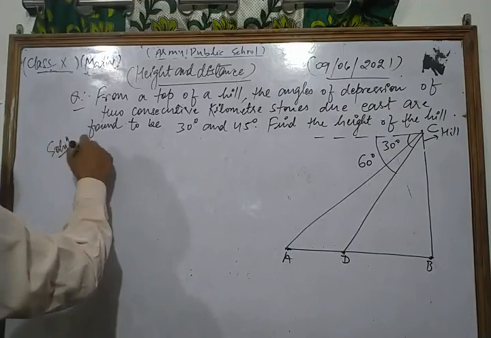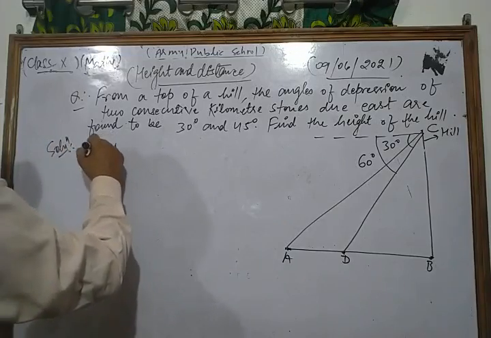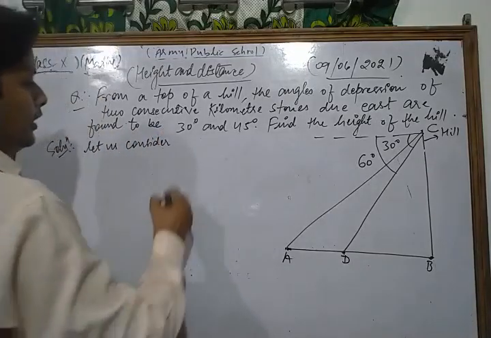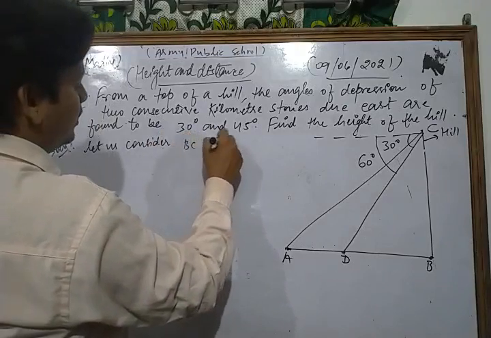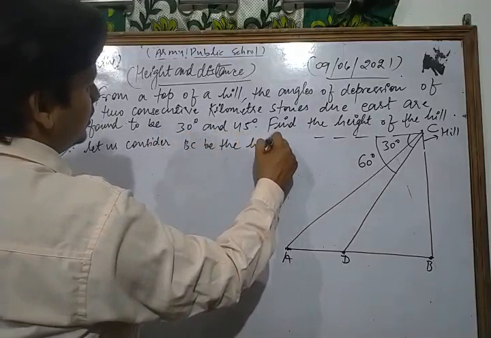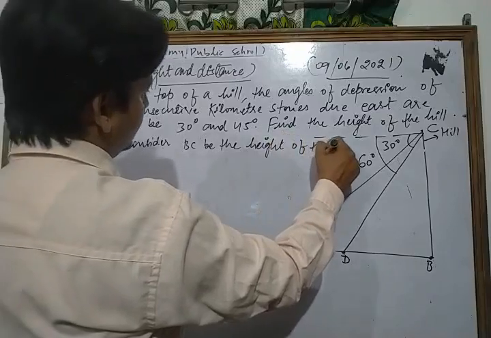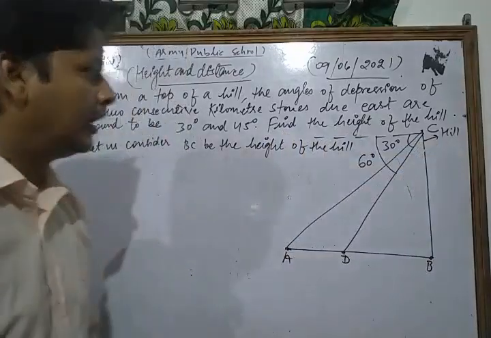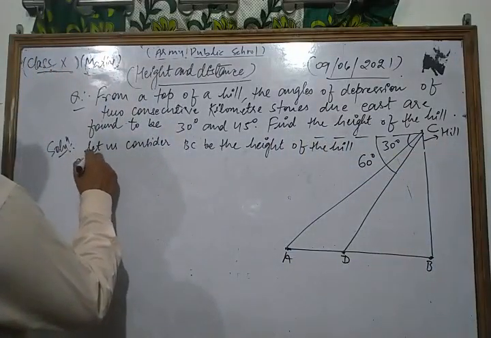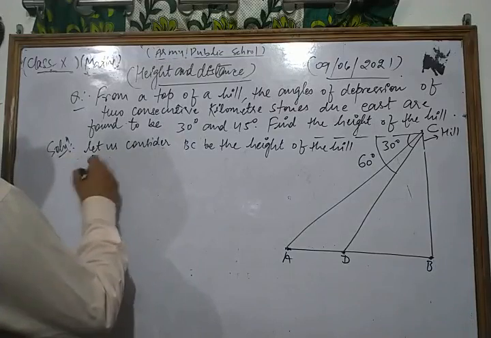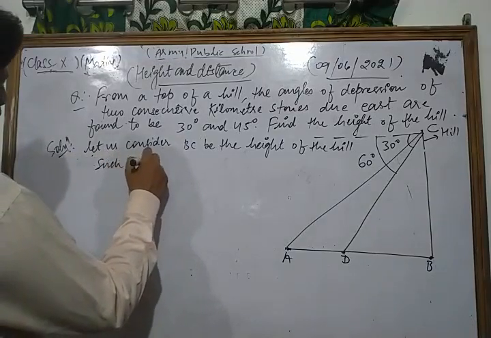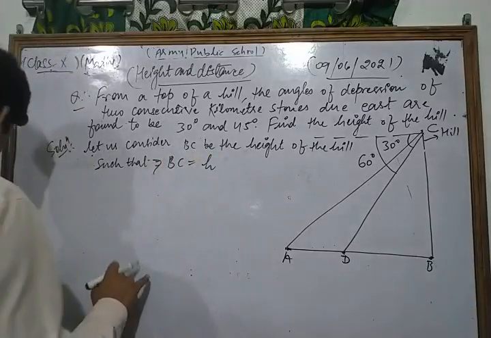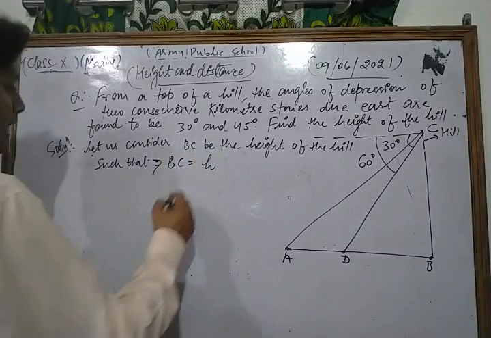So first of all, let us consider BC to be the height of the hill, such that BC is equal to H kilometer.